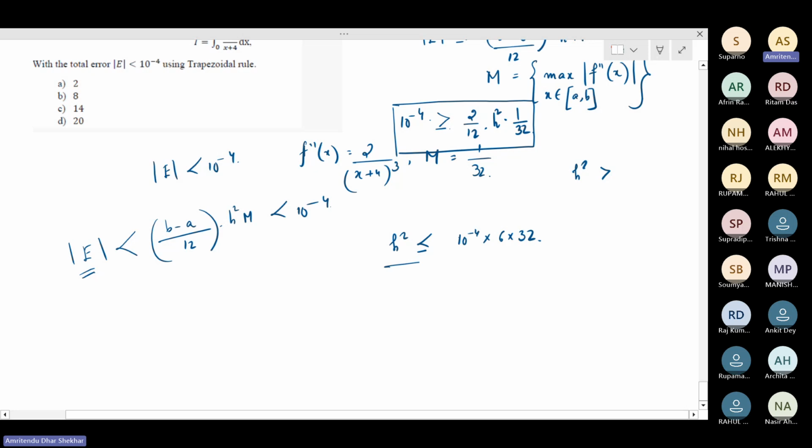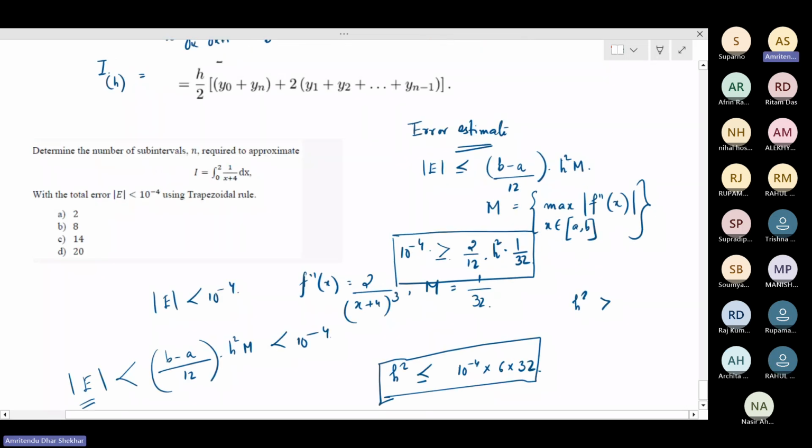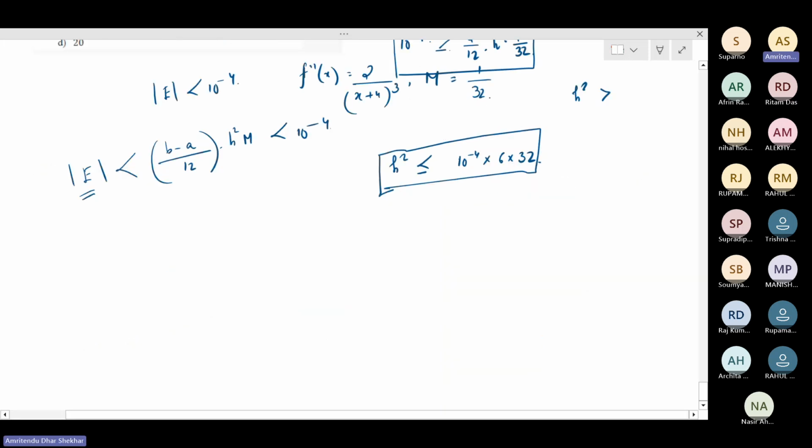You can solve for this and get a particular value of h. Whatever the value of h is, you can then subdivide the interval into that many divisions, so your n is going to be equal to (b minus a) by h.